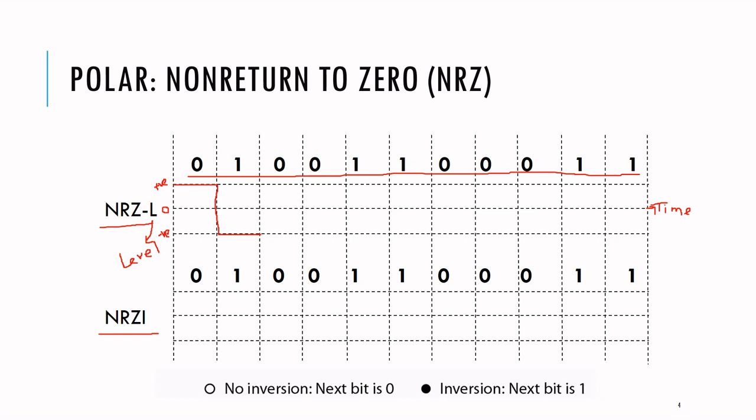So once again you have a 0, and this is just going to go on the positive. And then once again the 0 is going to go on the positive, then you have a 1 and that's going to go on the negative, and then you have a 1 that's going to go on the negative. You once again have a 0 that's going to go on the positive, positive, positive. Then once you have a 1 that's going to go on the negative, and then on the negative.